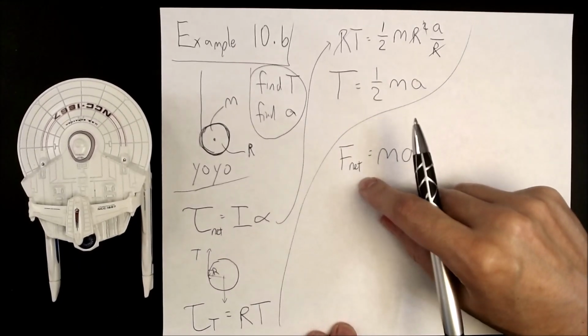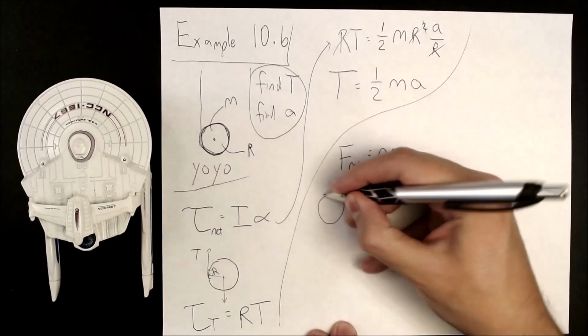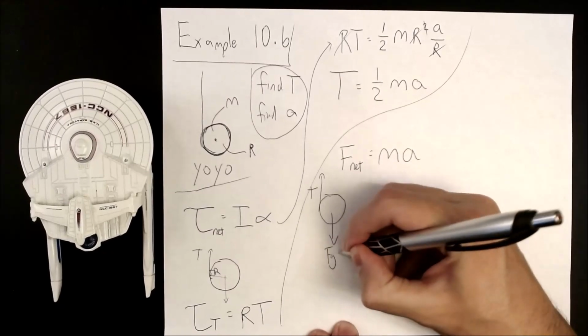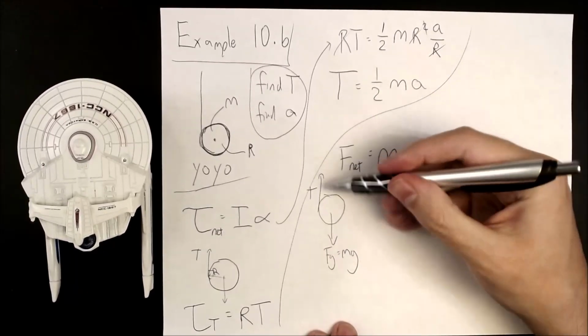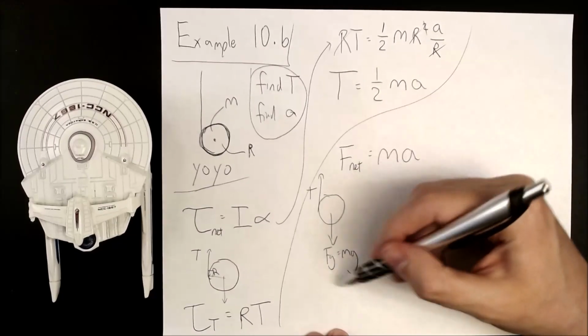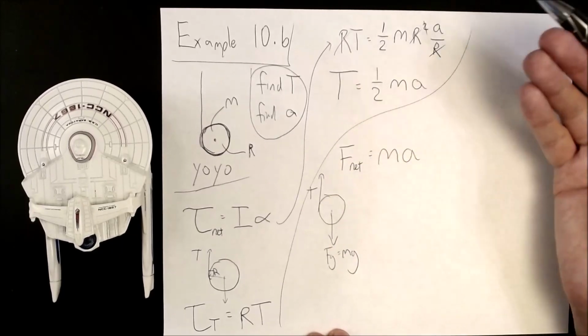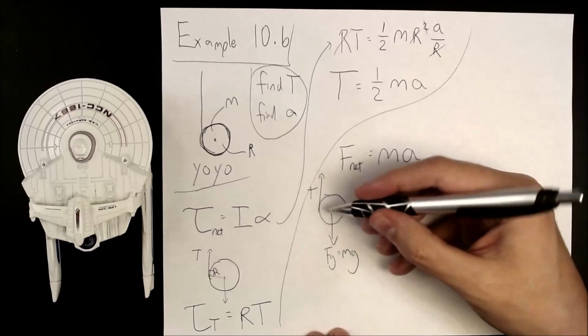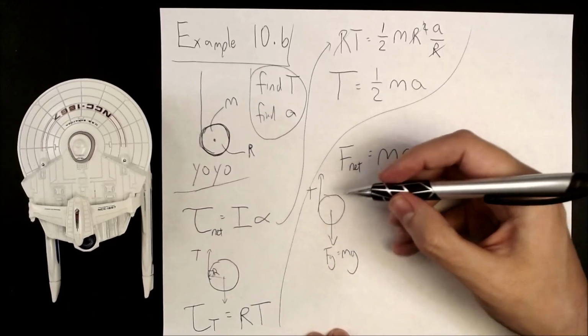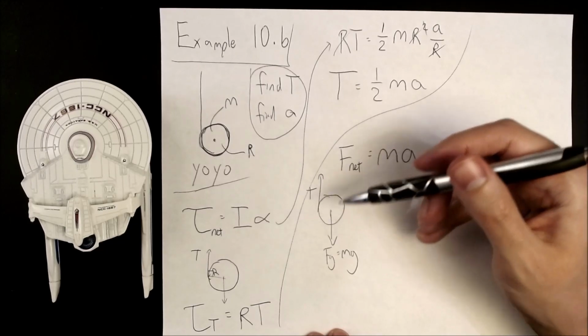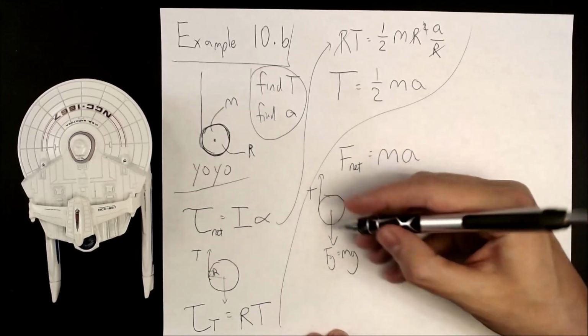Now, what's the net force on this? We've got our yo-yo, we've got our tension, and we've got our force of gravity, which is mg. This time, we don't have to care about how far from the center the force of gravity is being applied. The force of gravity is always applied at the center of an object. And so gravity often will apply no torque, but sometimes it will, and we'll actually talk about that later.